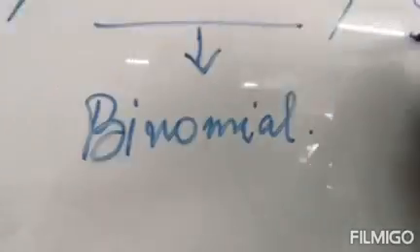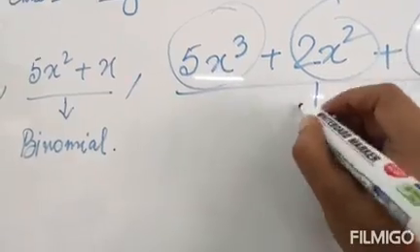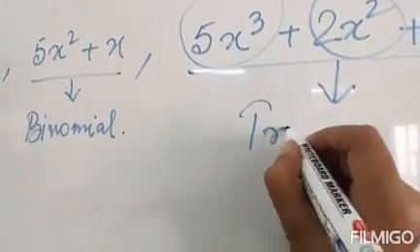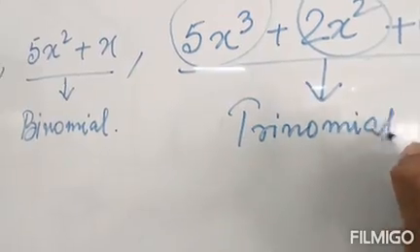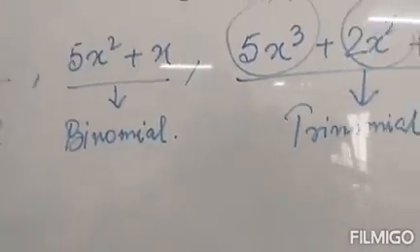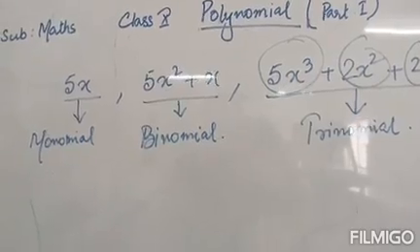And if it has got 3 terms, these are all individually known as terms, so 3 terms means trinomials, and more than 3 terms are not categorized in that way, so they are known as polynomials only.